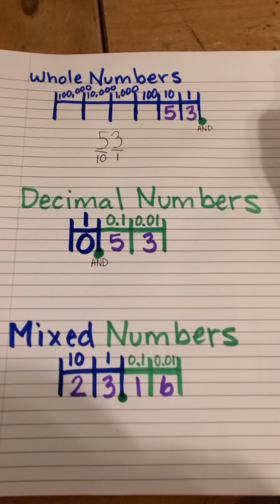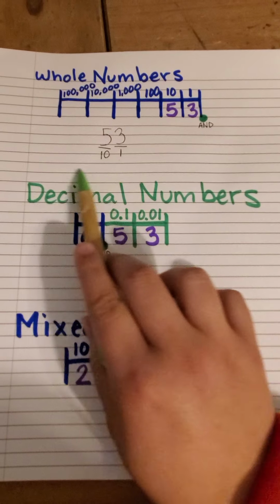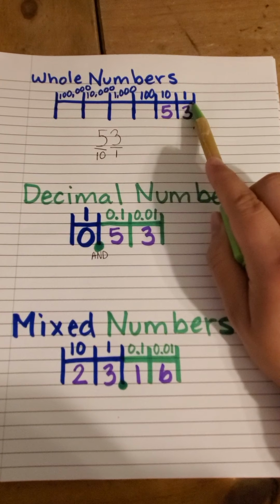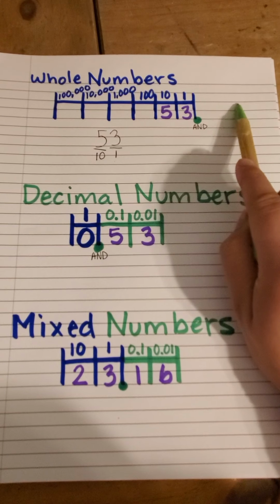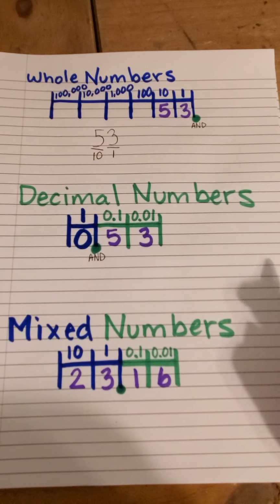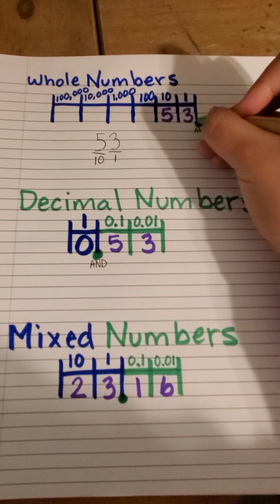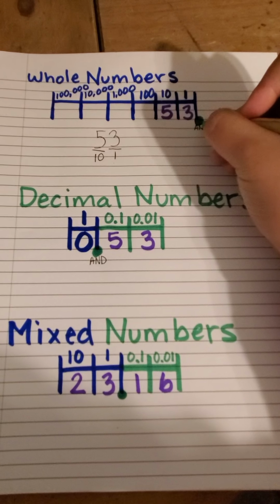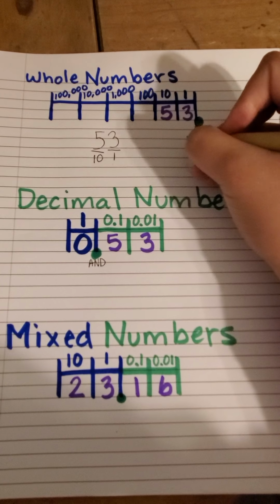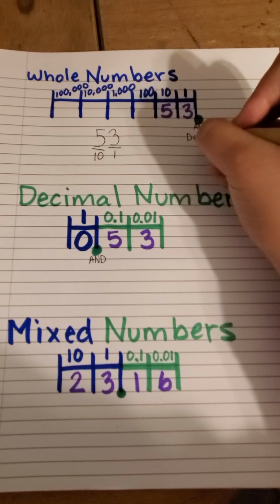Now here in fourth grade, we're going to learn about decimal numbers. So on the other side of our place value chart, we have numbers called decimals. If you've ever seen this point right there on a number, that point is called a decimal.